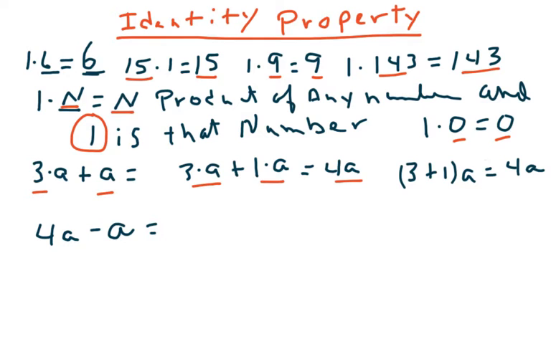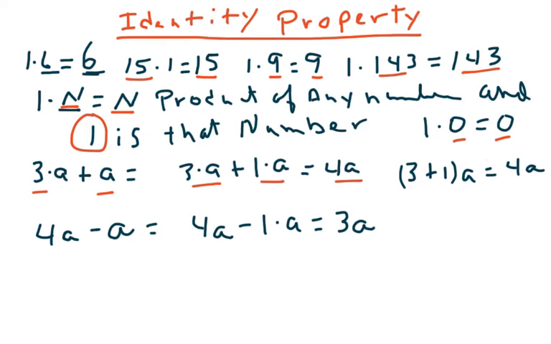But anyhow, then, we can write this as 4A subtract, using the identity, 1A. So what do you suppose 4 apples subtract 1 apple, or 4A minus 1A would be? 3A. So again, if A was 2, this was 8 minus 2, or 6. 3 times 2 is 6. So they are the same.